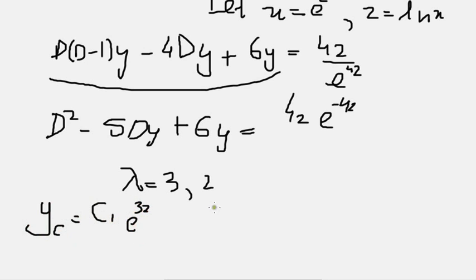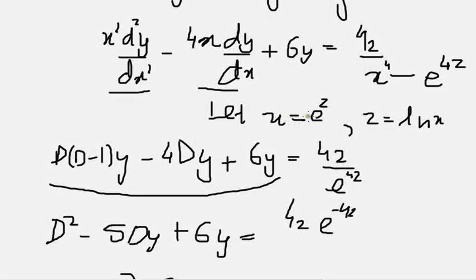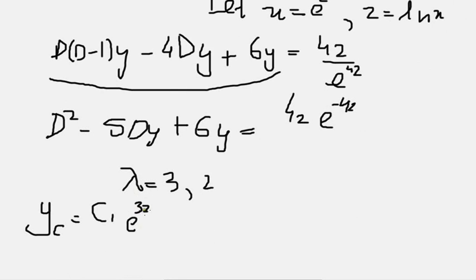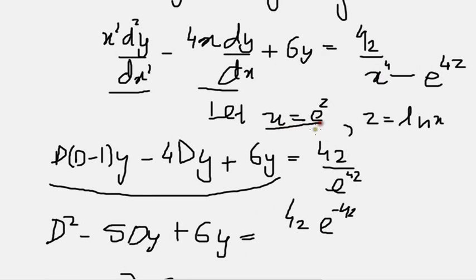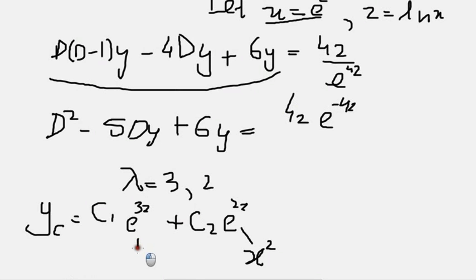As we substituted our value of x into e to the z, it will be 3z plus c2 into e to the power 2z. We can change this, we can replace e to the power 2z by x square, as you can see our substitution right here, and this by x cube.